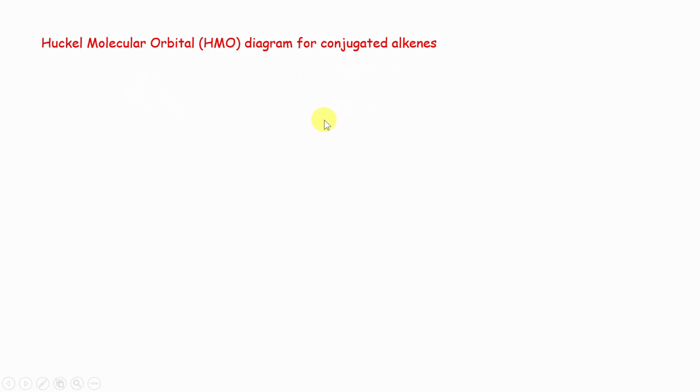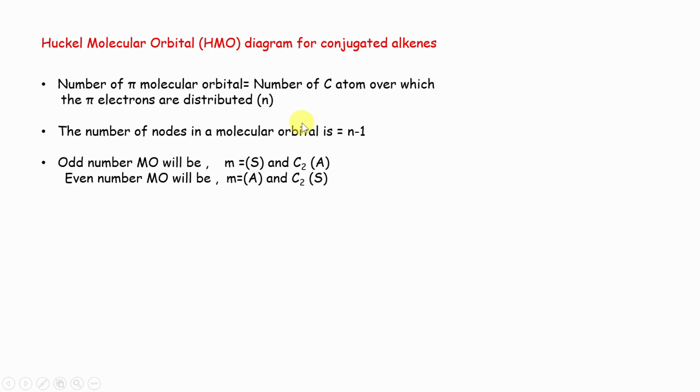For constructing the Huckel molecular orbital diagram, we have to know these points. The number of pi molecular orbitals is equal to the number of carbon atoms over which the pi electrons are distributed, which is represented as small letter n. Also, the number of nodes in a molecular orbital is represented as n minus 1.